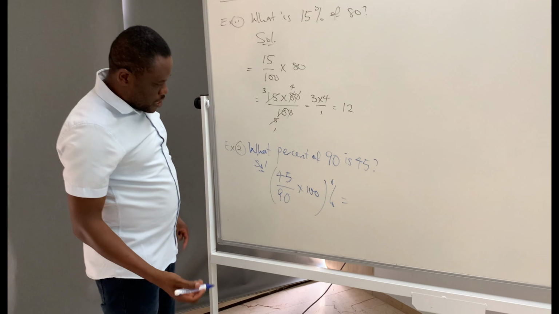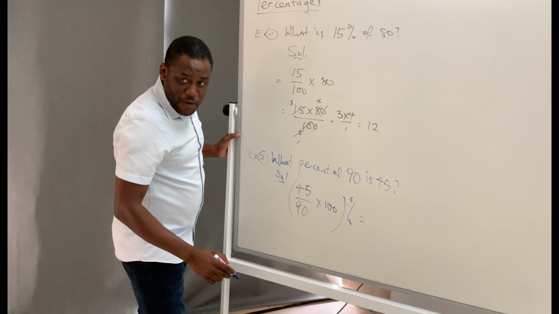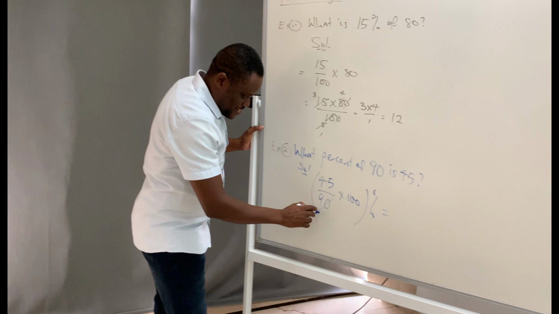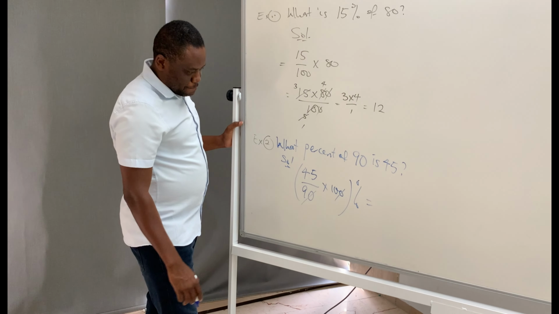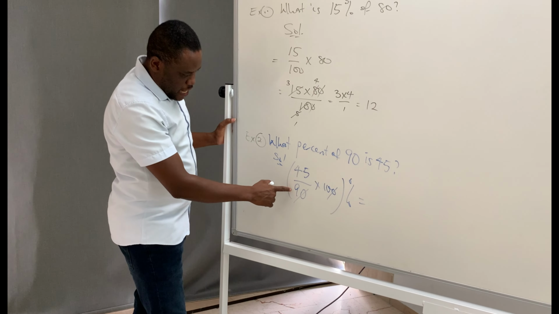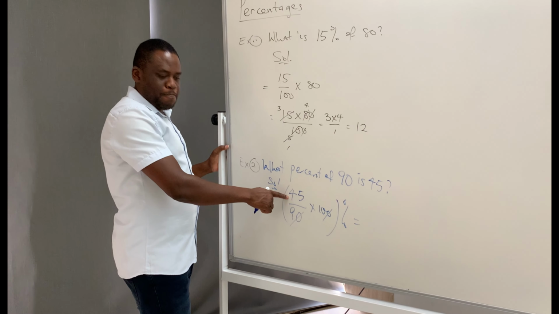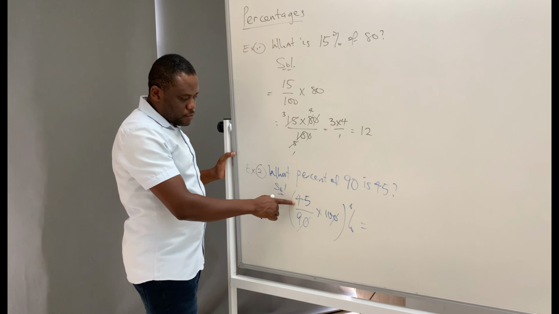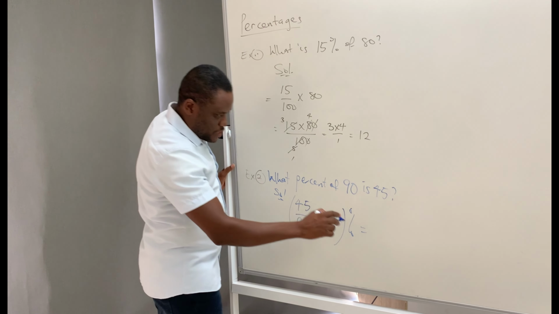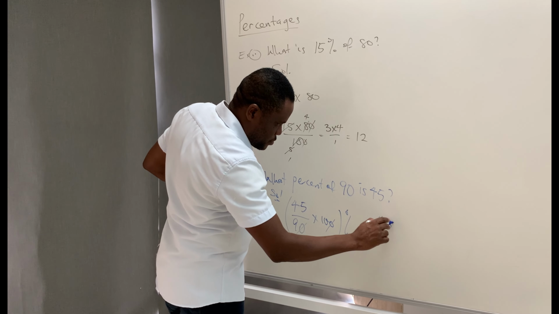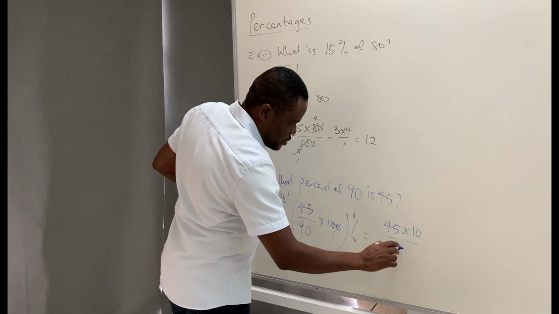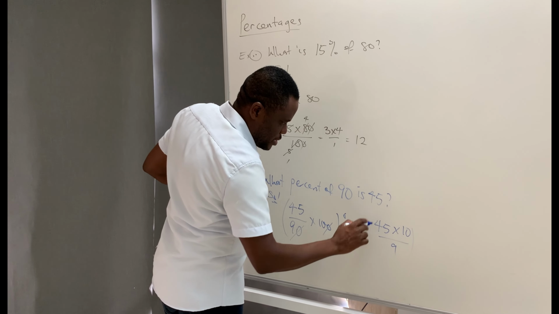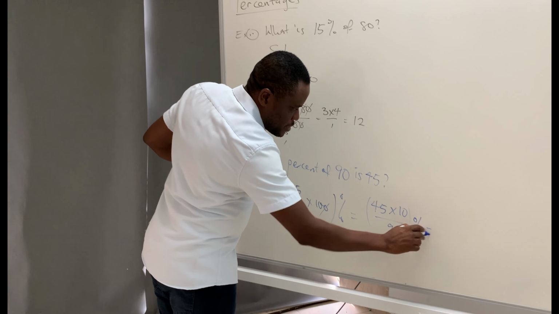So we can take our calculator again, our scissors. 0 cancels, this is 0. What's left, we have 9 here. 9 can go here, right? Let us write this one. We have 45 by 10 divided by 9. Everything in percentage.